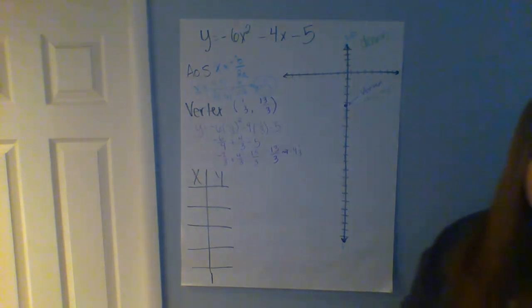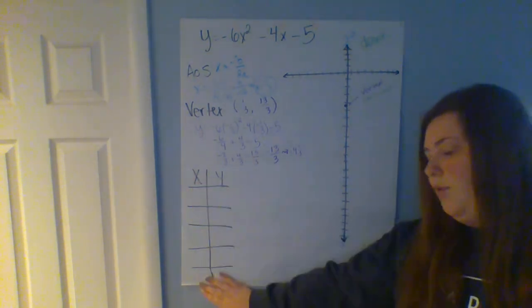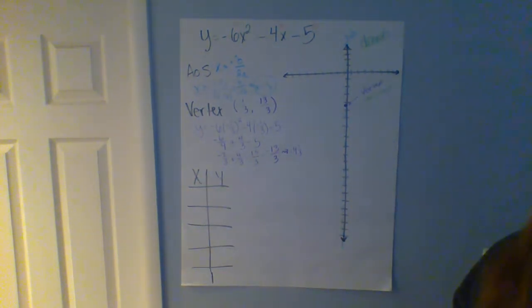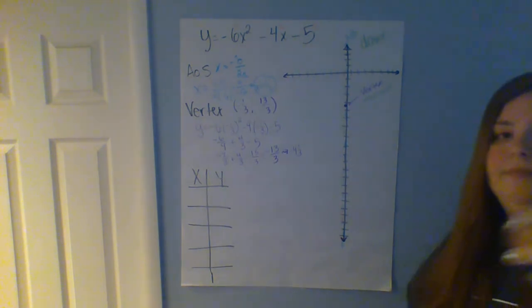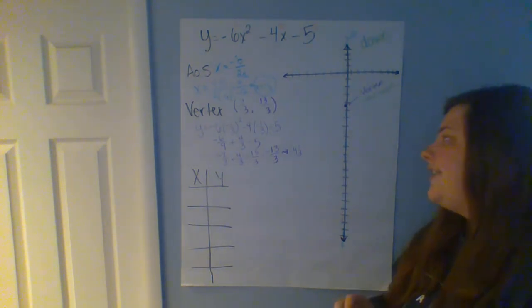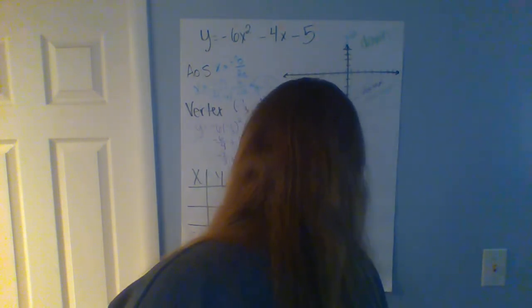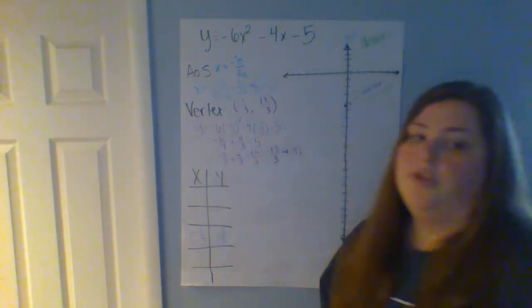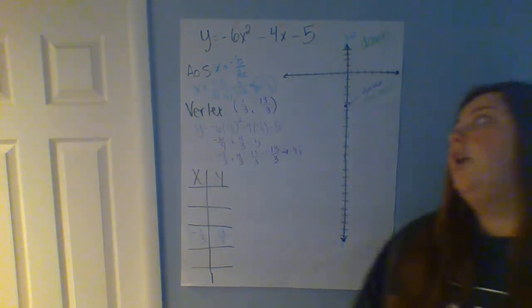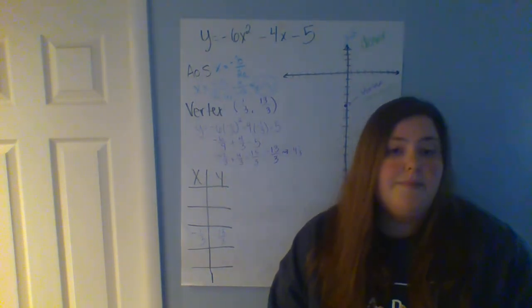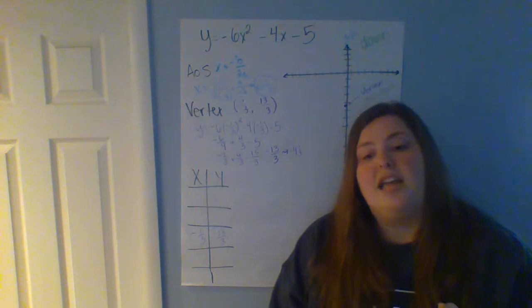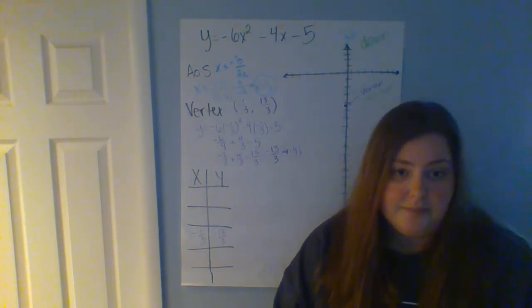So now we have to find some other points before we can keep on going. And this is where it gets a little bit tricky because we have that fraction. So there are two things that you can do here. You can either pick points in which it will still be symmetrical.